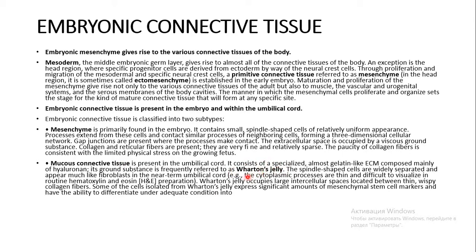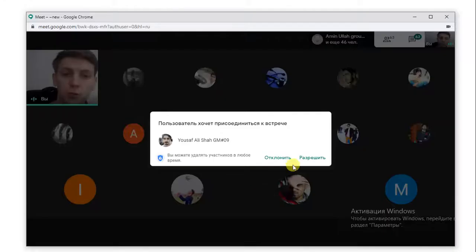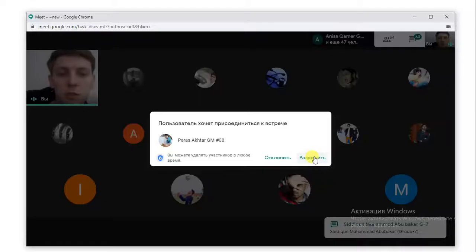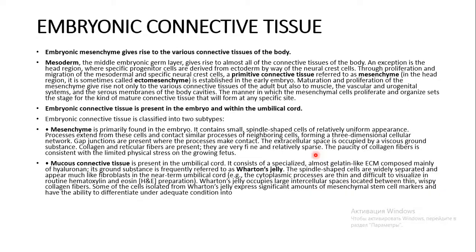It is the same as mesenchymal cells, but present in newborn babies, in the umbilical cord. After the delivery, now in some countries, in some clinics, they save this mucous connective tissue for life, and these stem cells can be used later. Our technique will be improved, and then we can use this Wharton's jelly for synthesis of a new kidney or new liver or any other organ which is required.